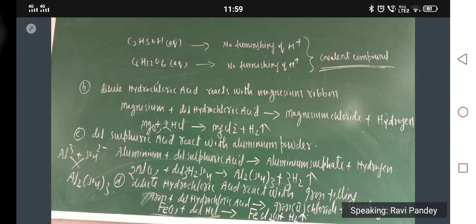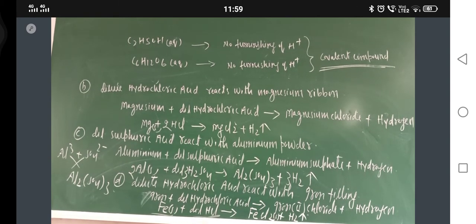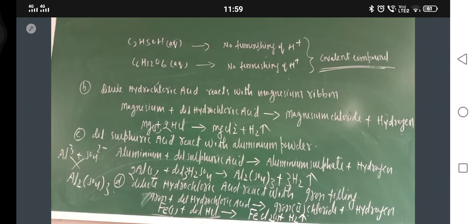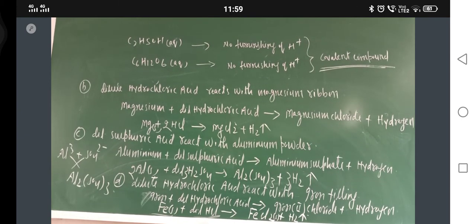While in rainwater, carbon dioxide gas dissolves and forms carbonic acid. Sulfur dioxide gas dissolves in the water and forms sulfuric acid. So in rainwater, so many acids are there, and those acids dissolve in water and furnish ions. That is why rainwater is a good conductor of electricity. Rainwater contains dissolved gases like carbon dioxide and sulfur dioxide.